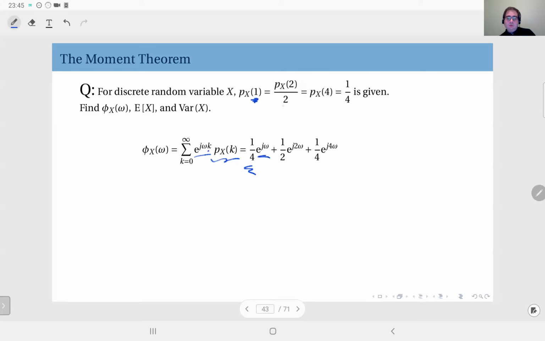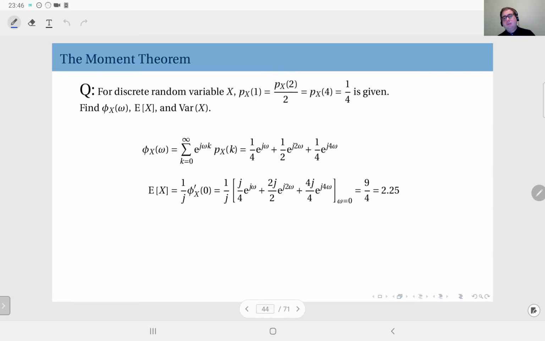At 2, we have a probability of 1/2, and this is e to the power j omega times 2. And finally, we have an outcome of 4, k equals 4. The probability is 1/4, times e to the power j omega times 4. So this is the characteristic function of this distribution.